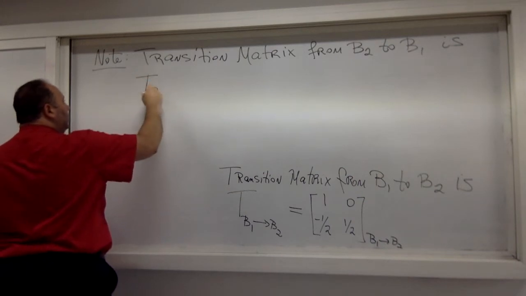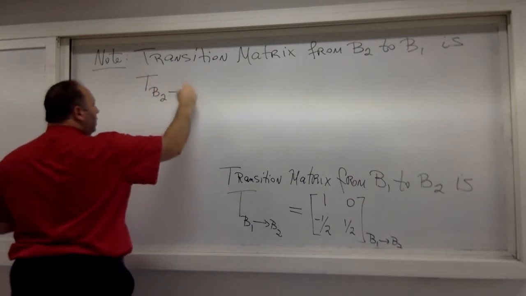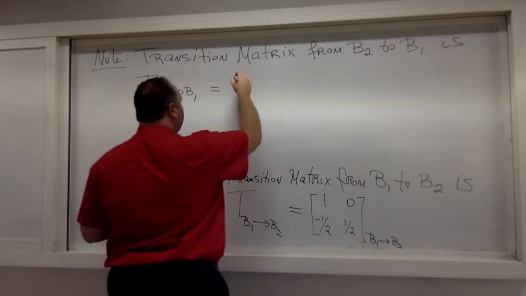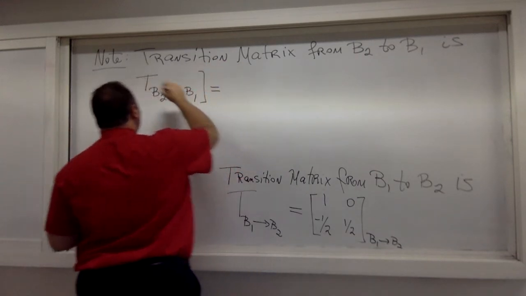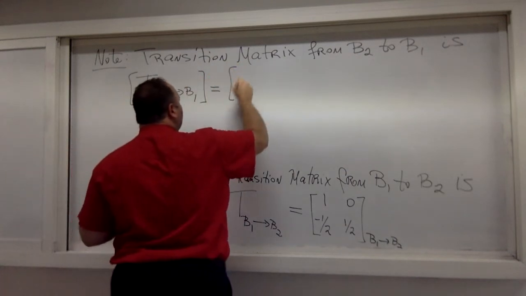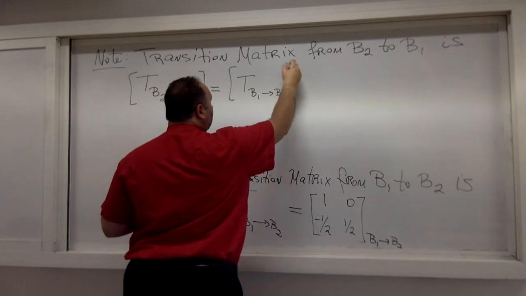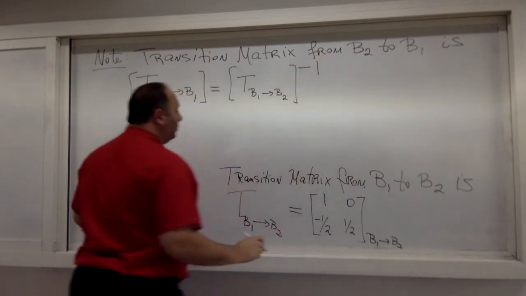So the transition matrix from B2 to B1 is actually the inverse of this guy. So I'm going to write it schematically. You put the brackets. So the inverse.